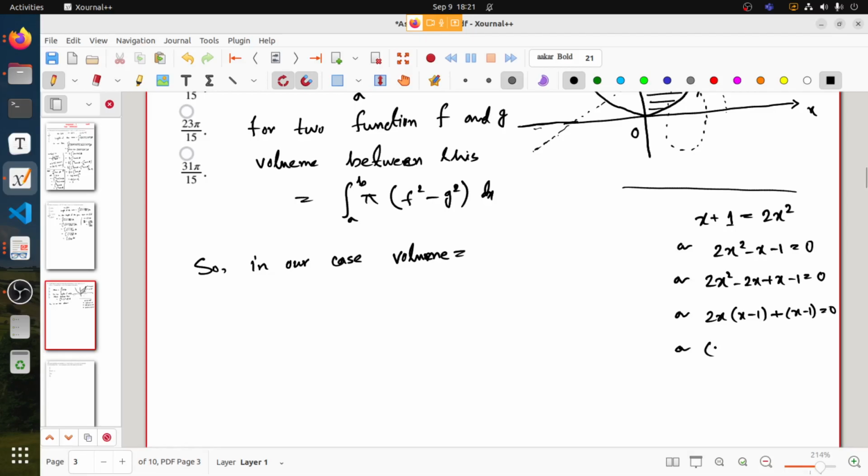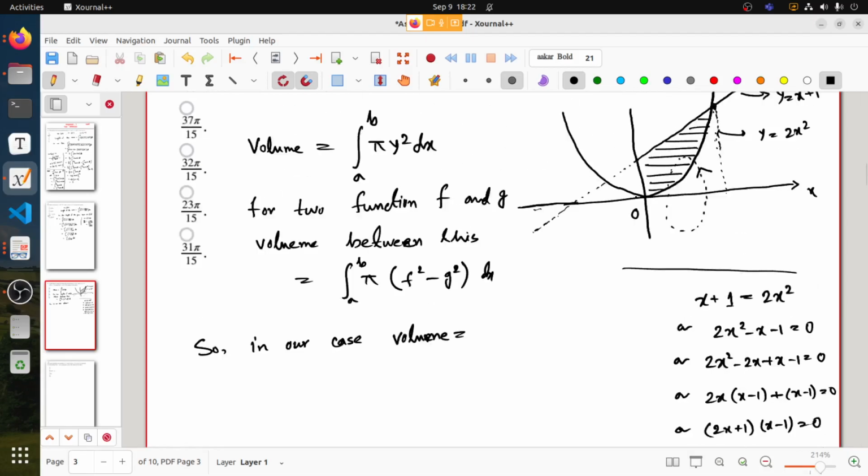You get 2x plus 1 and x minus 1 equals 0. For the first one, 2x plus 1 equals 0, you get x equals minus 1, but we do not need this negative. So we will take x minus 1 equals 0, or x equals 1. At x equals 1 they will intersect.